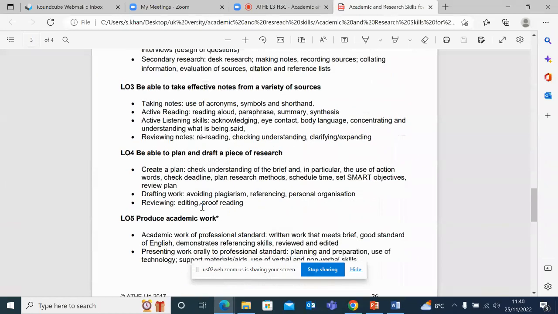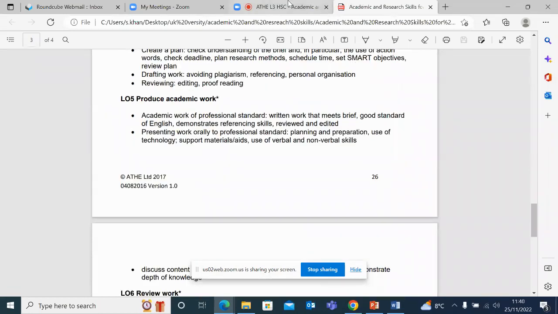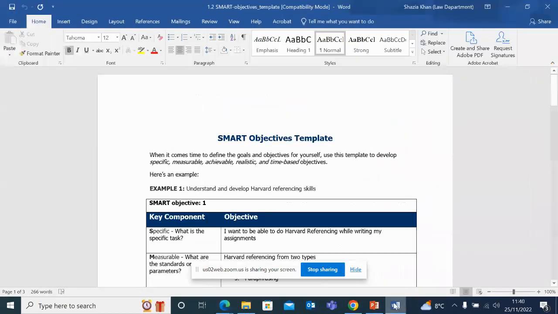Then you'll be able to do your assessment around this and produce a professional academic piece of work. I'm going to move on to the learning outcomes now, okay?